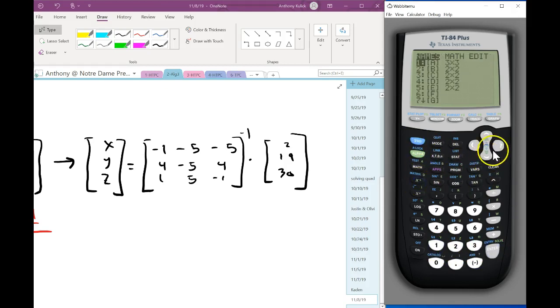And then my matrix B is going to be this 3 by 1. So what I need to do then is just A inverse times B.